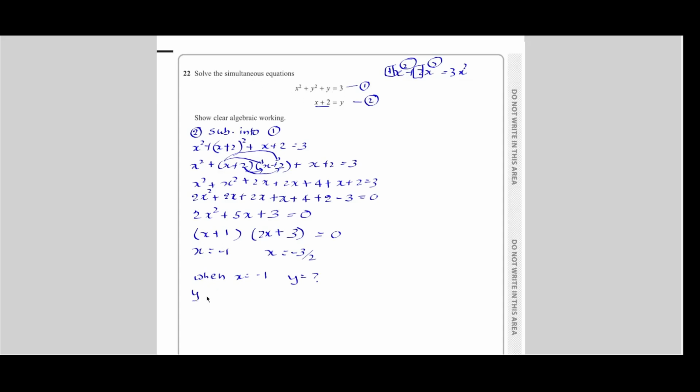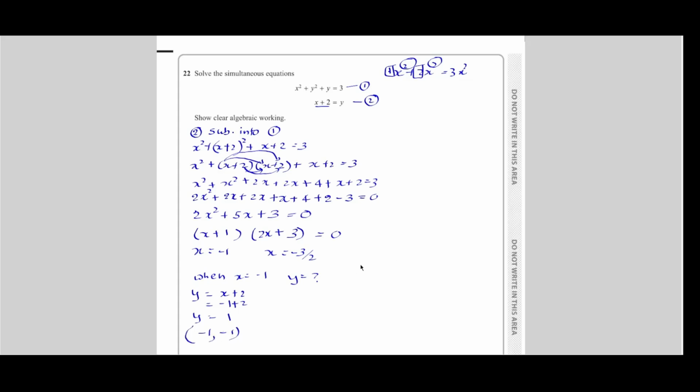So pick the easiest equation, y equals x plus 2. Let's substitute the value x, which means minus 1. Minus 1 plus 2, you can use the calculator. So we got one answer, minus 1, comma, 1.